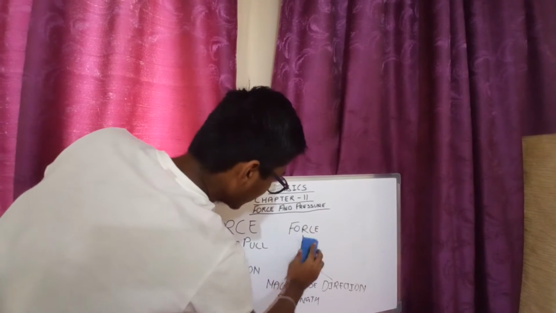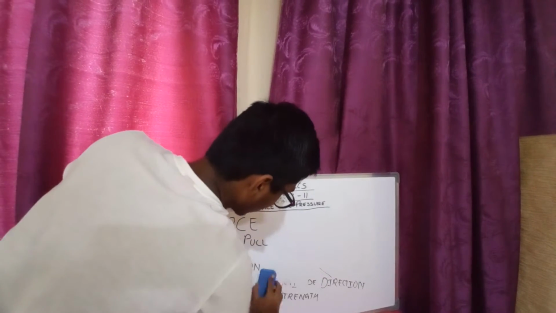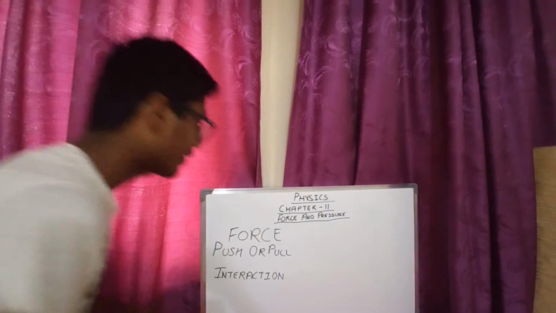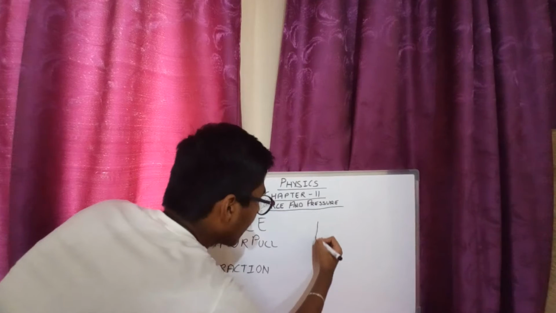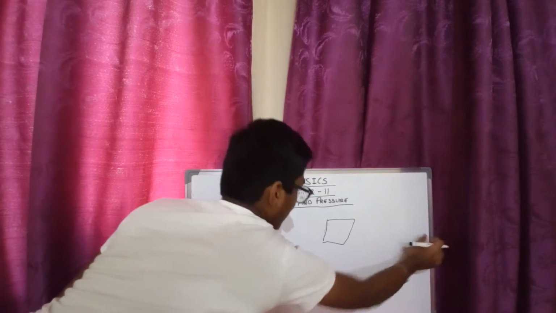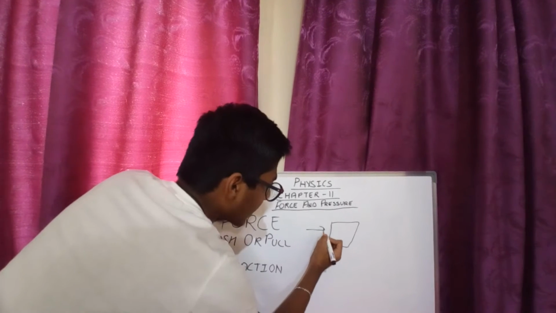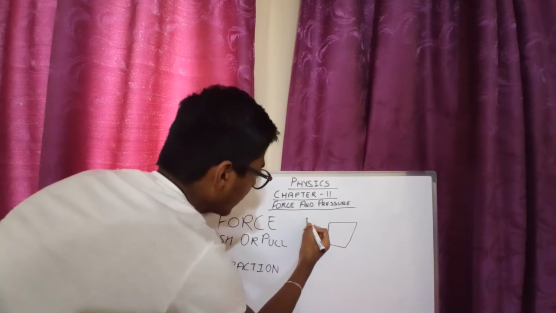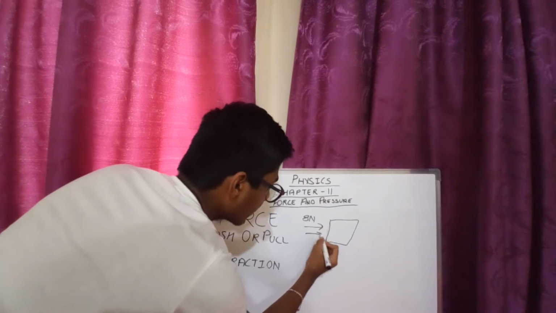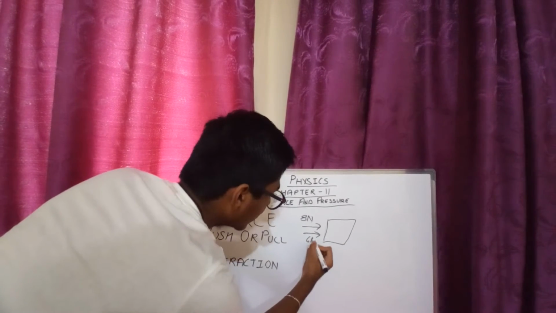Now we will be seeing two scenarios. You will be seeing two conditions here. So just think of this box. You are putting a pressure here of 8 newtons. And your friend is putting a pressure here of 6 newtons.